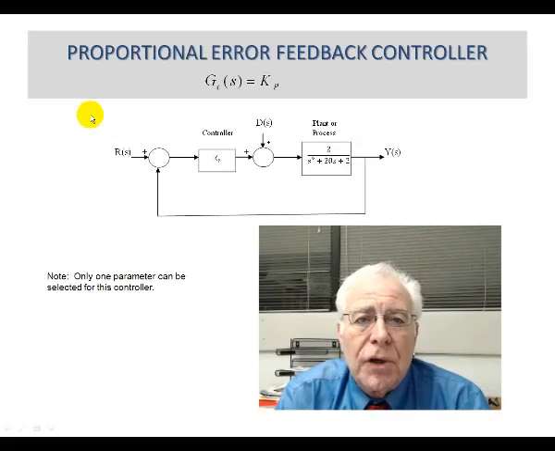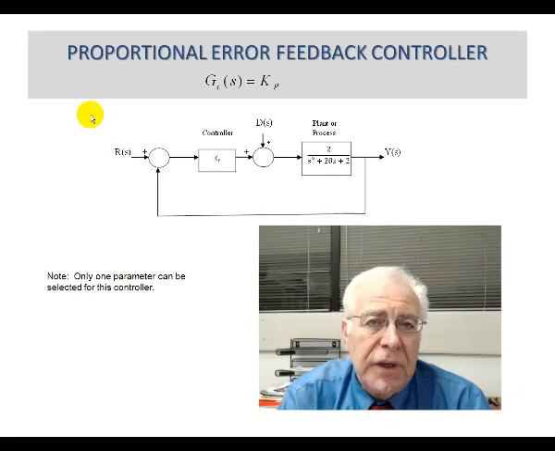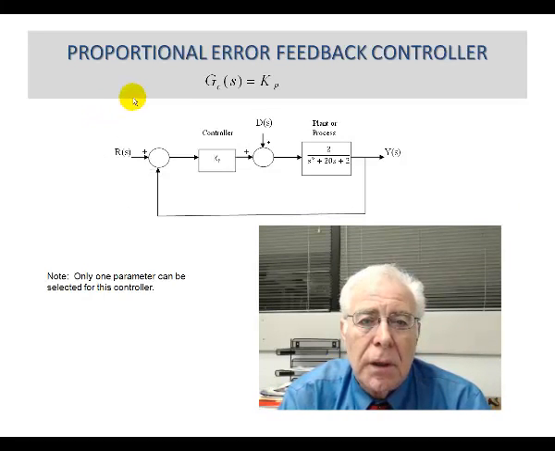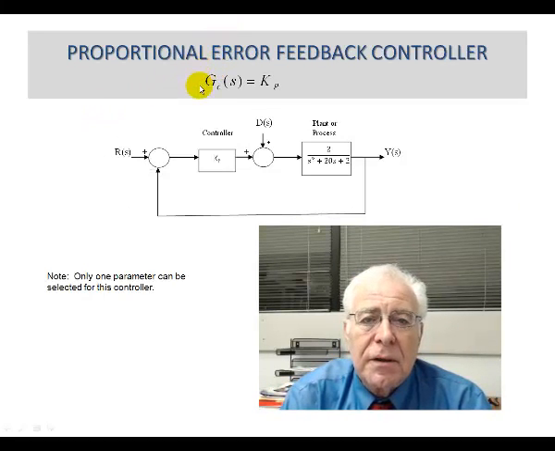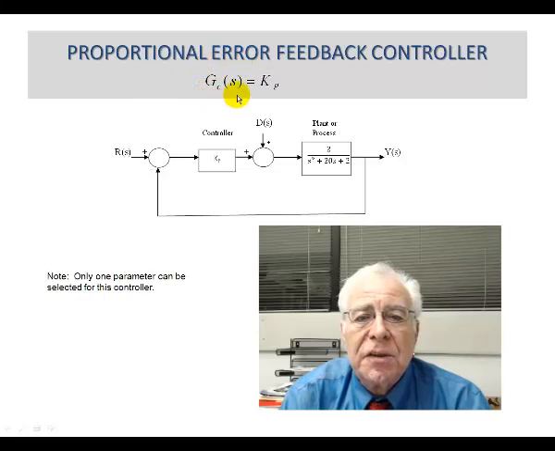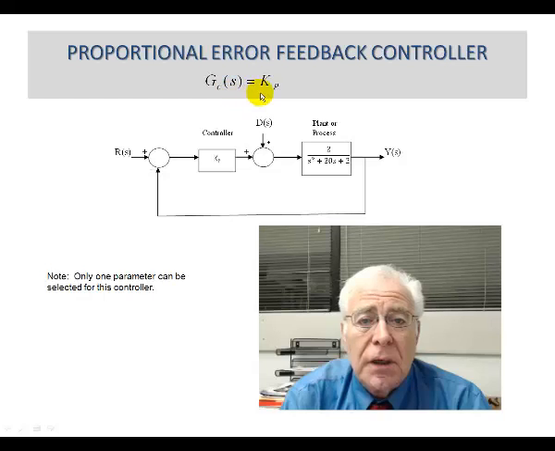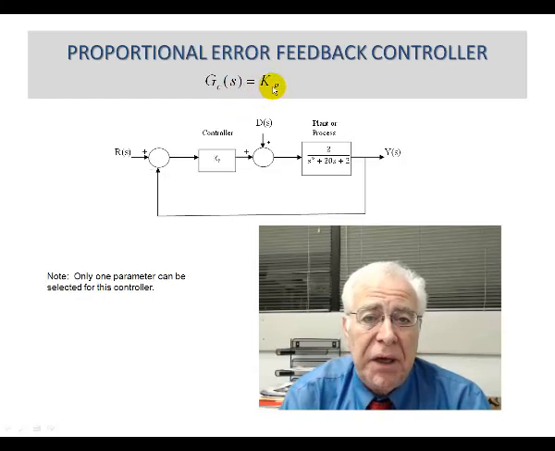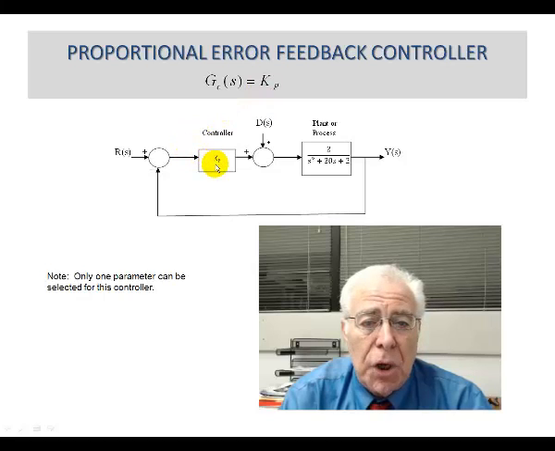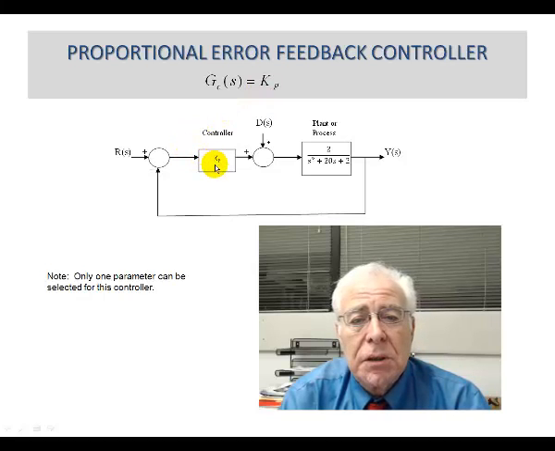First, let's look at a proportional error feedback controller. In this case, G sub C of S, the controller transfer function, is simply a gain. We're calling it Kp, and it's shown here in this position.